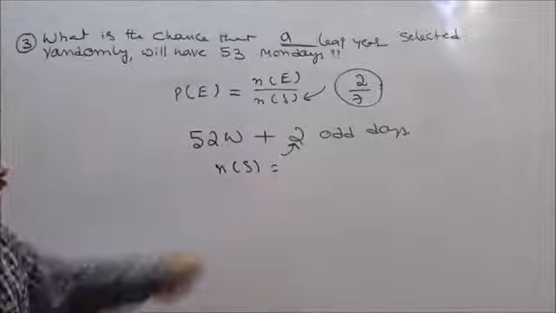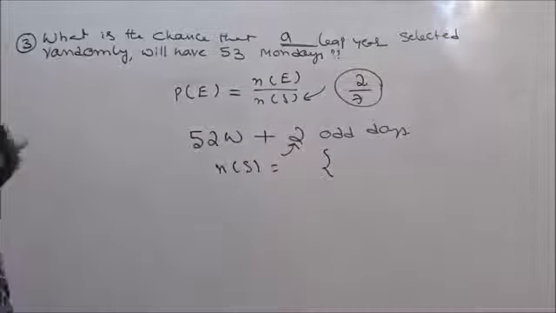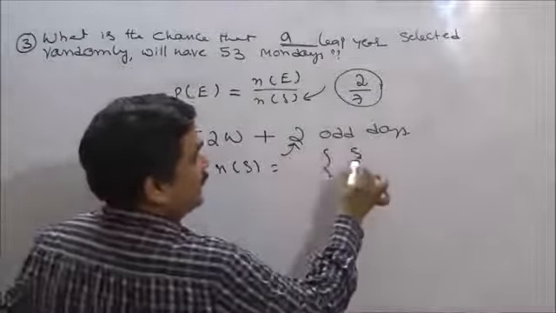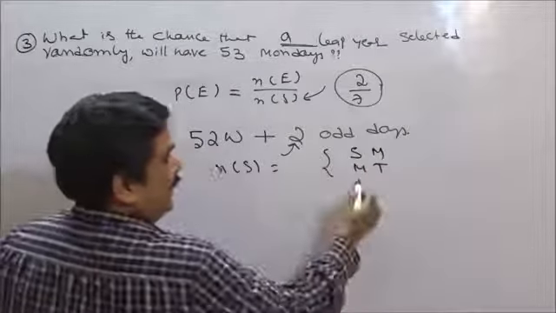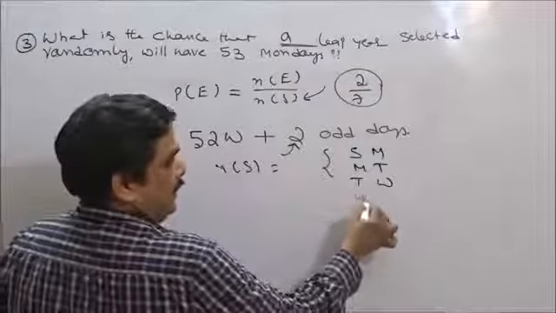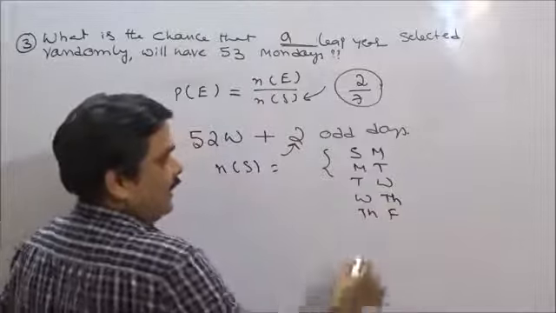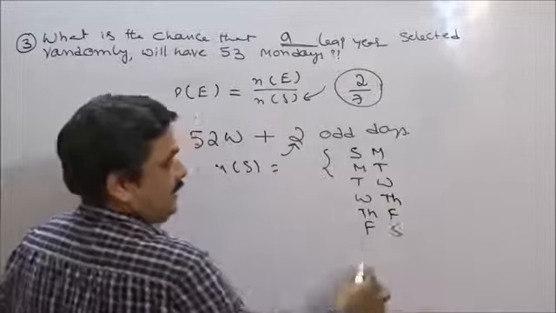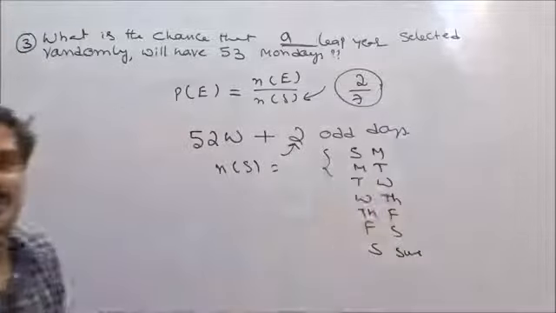I'll write the number, but how many are there? These 2 days can be Sunday-Monday, Monday-Tuesday, Tuesday-Wednesday, Wednesday-Thursday, Thursday-Friday, Friday-Saturday, or Saturday-Sunday.